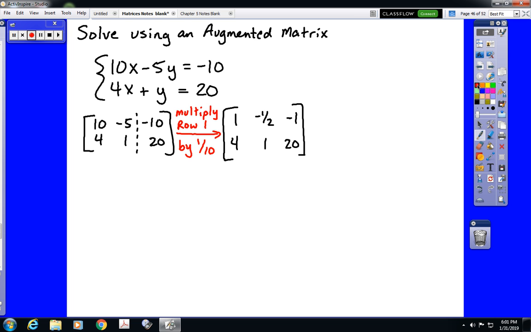Then we're going to carry out a combo move. So we're going to do row 1 times -4. We're going to multiply row 1 by -4 and add to row 2.